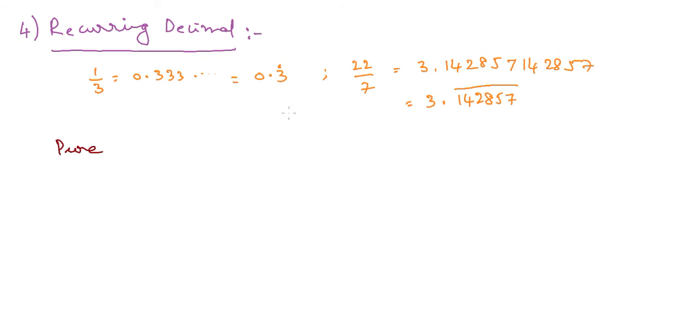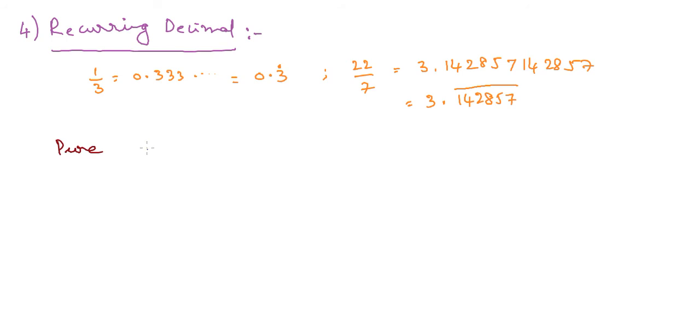So pure recurring decimal means only recurring decimals are there. There is no other decimal.